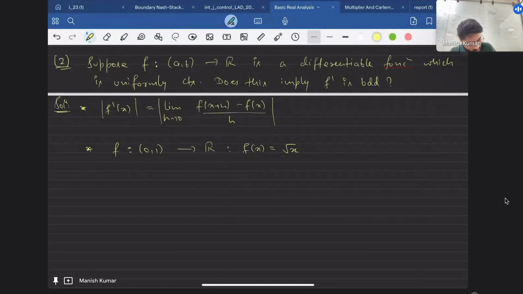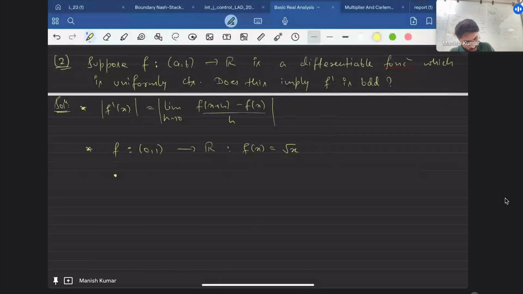So now you can prove. First we need to check whether it's uniformly continuous or not, right? Okay, how do you prove this is uniformly continuous? By the sequential criterion. Okay, so let's do that.